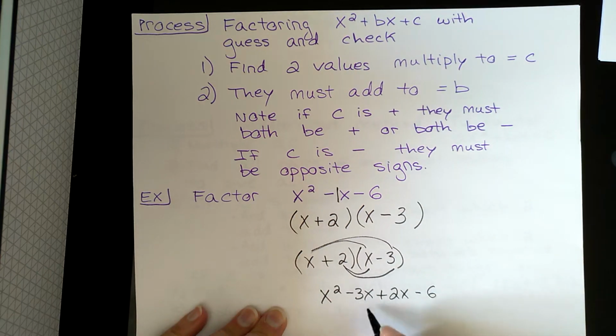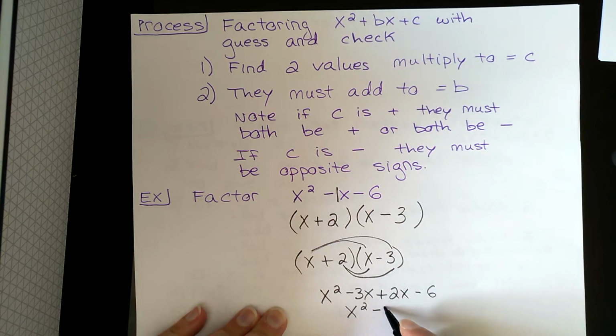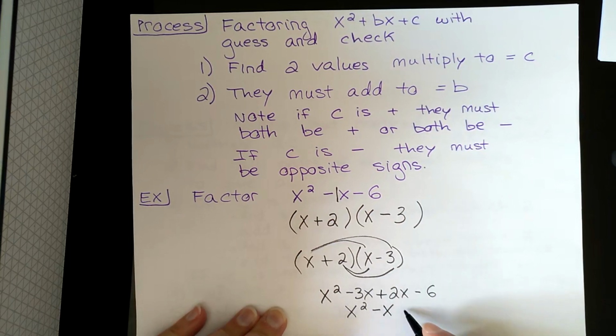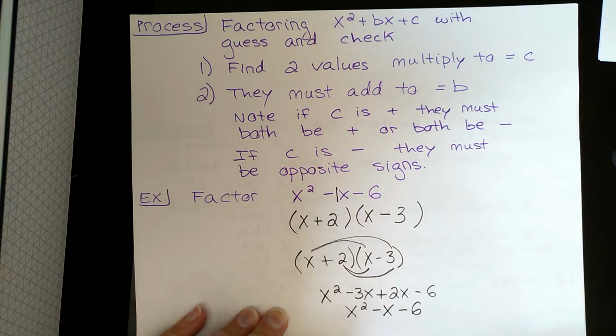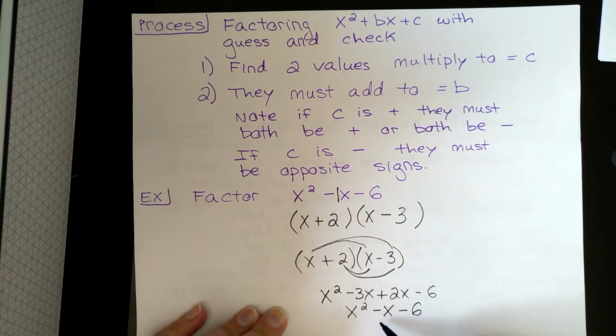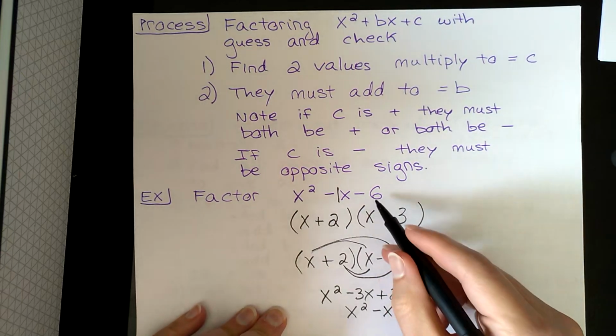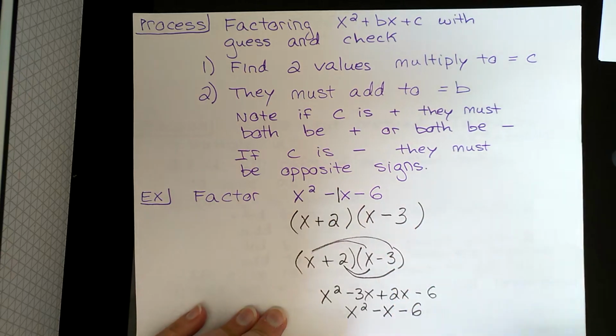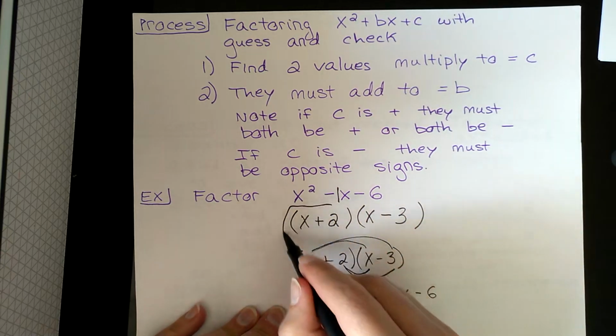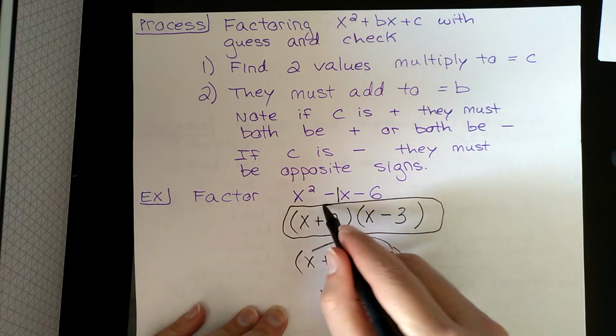And when we combine our like terms together, we get x squared, negative 3 plus 2 gives us minus 1x, or minus x, minus 6. And note, we just got back to the original problem we started with. That means it checks out. This is the factored form of the problem.